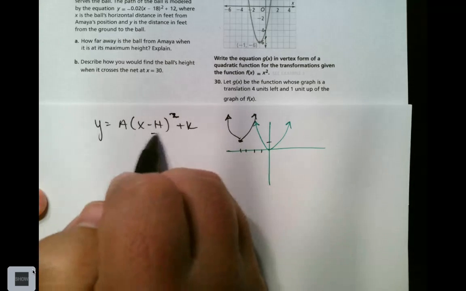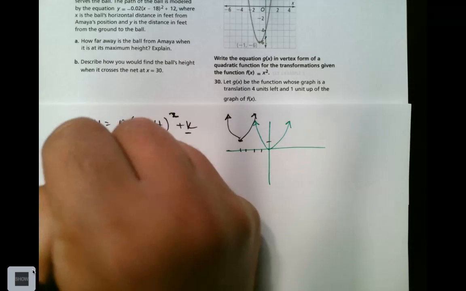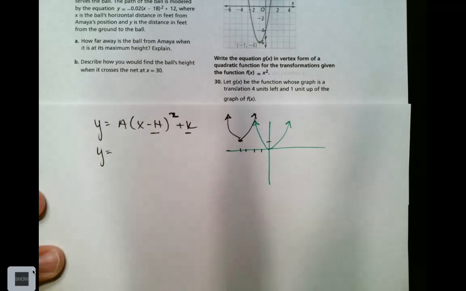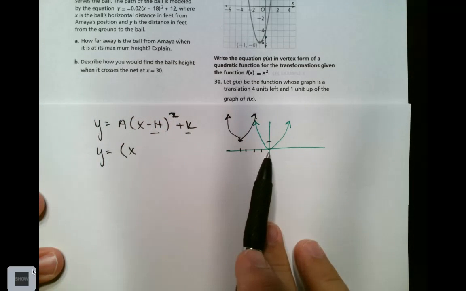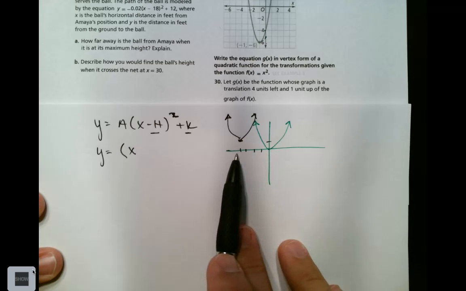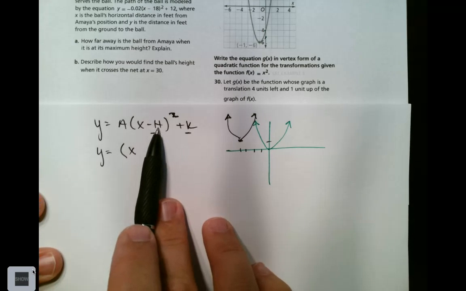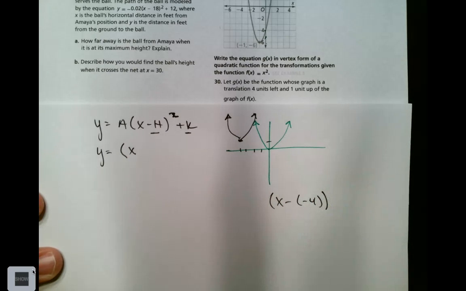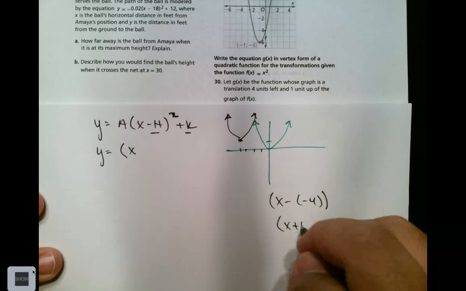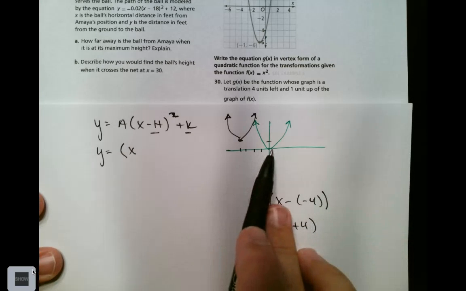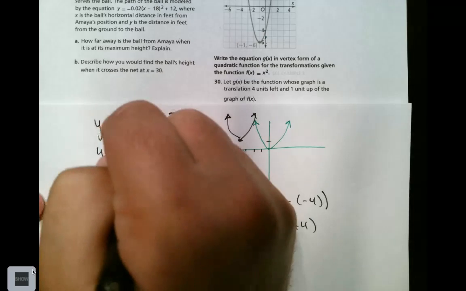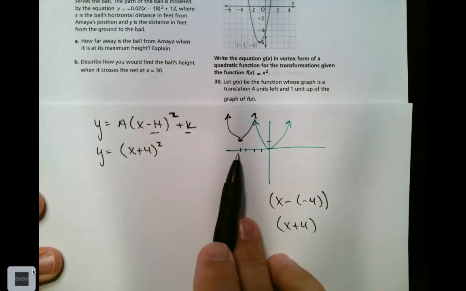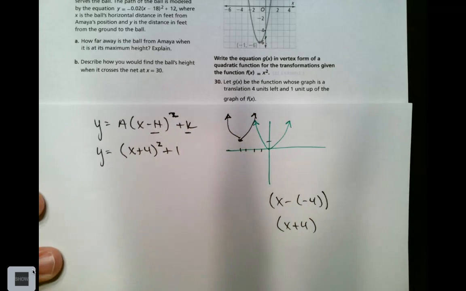So that's just going to affect your h and your k value. So it's going to be y equals, you don't have an a, they're not telling you to stretch or compress it or reflect it. So we'll just skip a. If you want to tell somebody to move that thing left 4, you're basically plugging in a -4. So you'd have x minus -4. Well, if you simplify that, whenever you subtract a negative, those double negatives just turn into x plus 4. So if you want to tell somebody to move it left 4, you're going to have to write x plus 4. And if you want to tell somebody to move it up 1, you'll have to write plus 1.